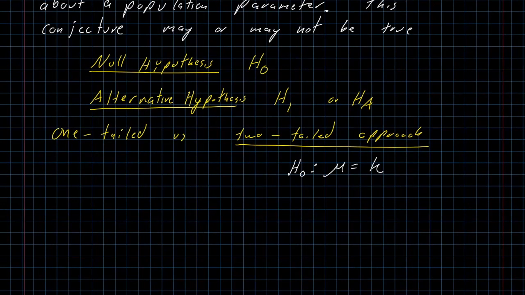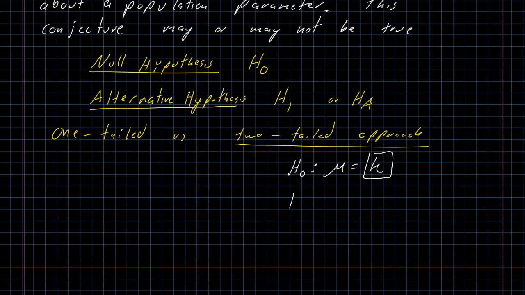In the two-tailed approach, the null hypothesis tells us that the population mean mu is equal to some value k. Again, the value k here usually comes from another population, right? So mu is a population we are studying, an unknown population, and k is the mean or an equivalent value for a known population, a population that has been studied previously.